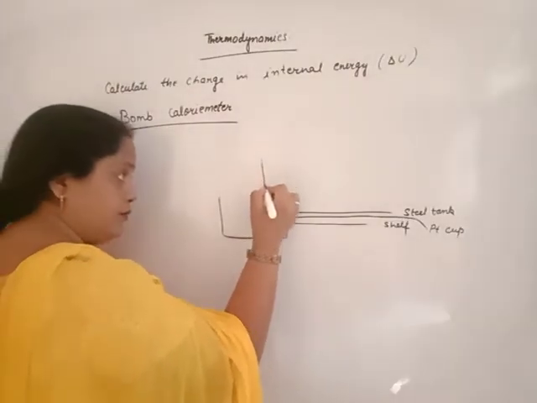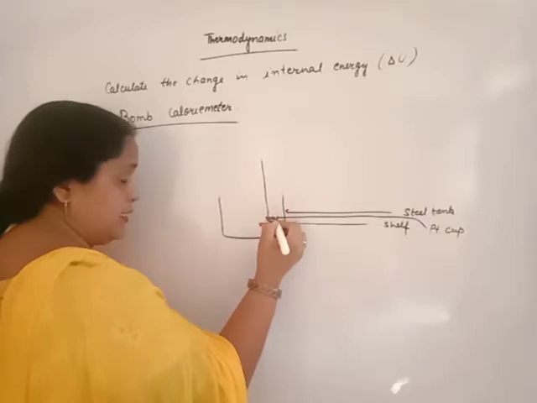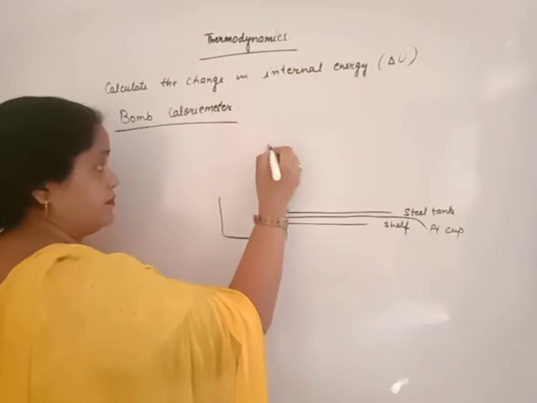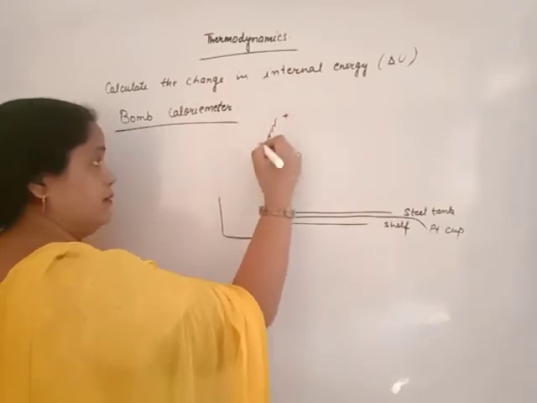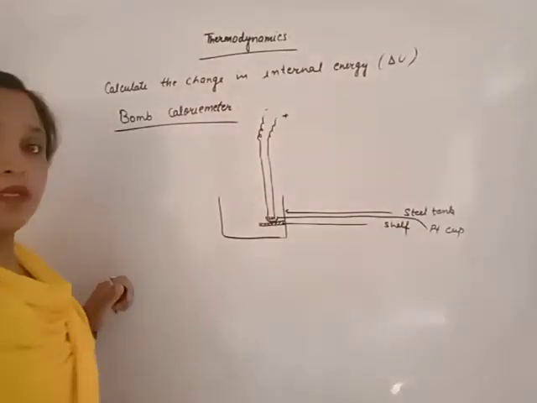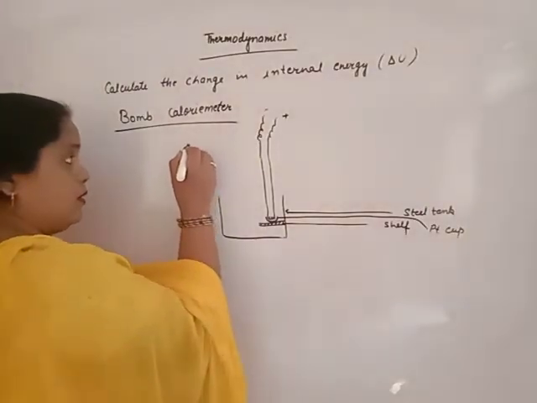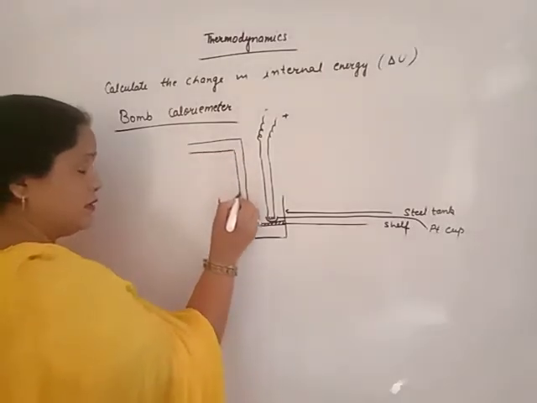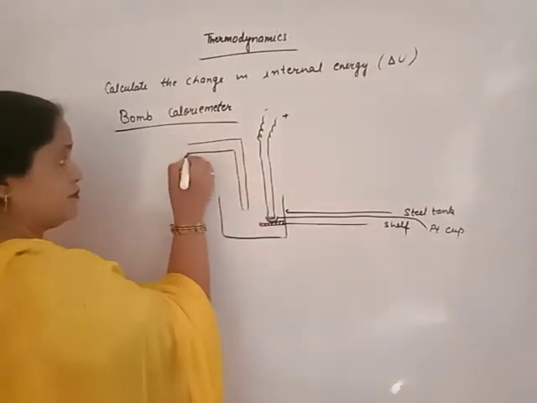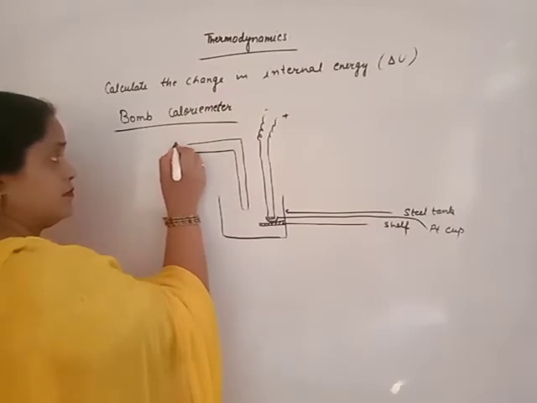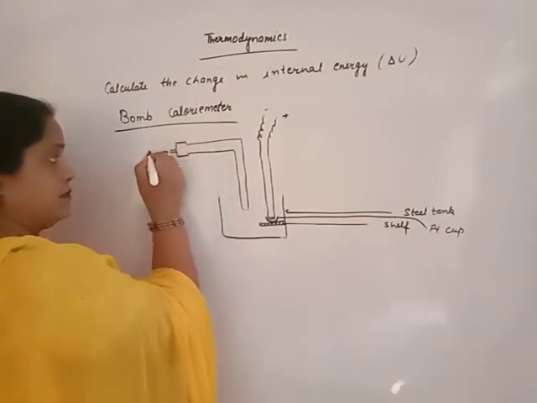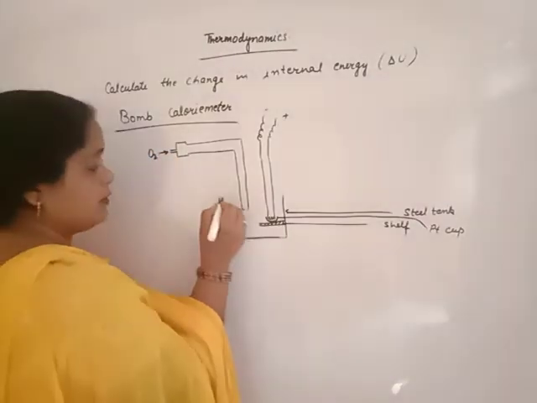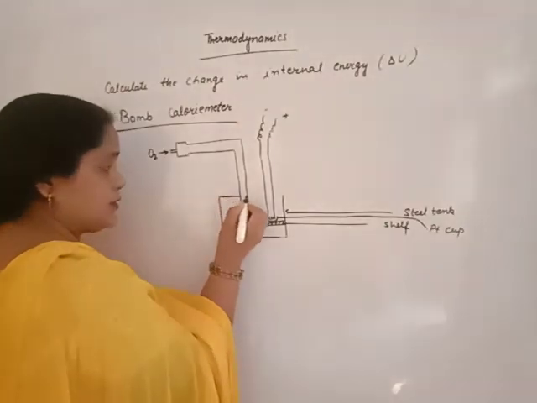Then two electrodes, one anode, the other cathode, are fitted inside the platinum cup. Now an oxygen inlet is fitted into the Bomb calorimeter, and this Bomb calorimeter is totally closed.